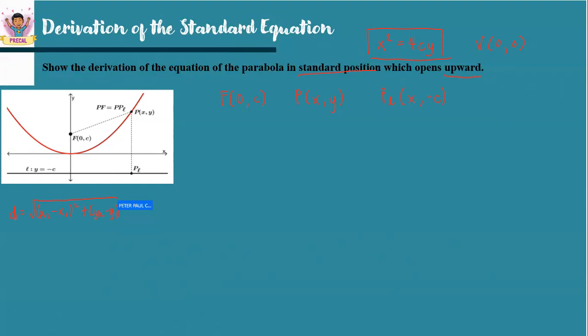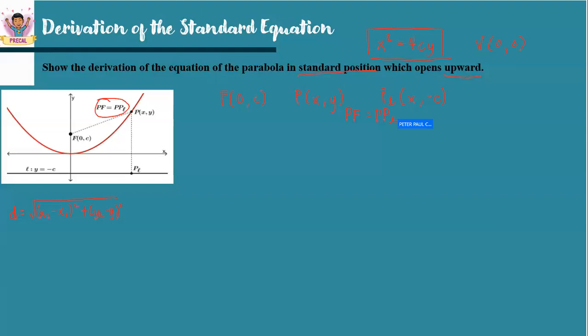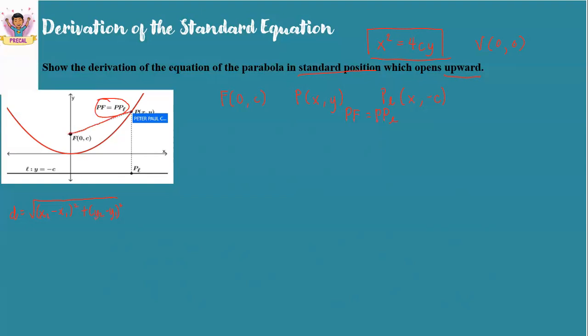Let us use this statement: PF is equal to P sub L. Let's determine first, using point P going to point F, this distance. We need to solve that using these coordinates.